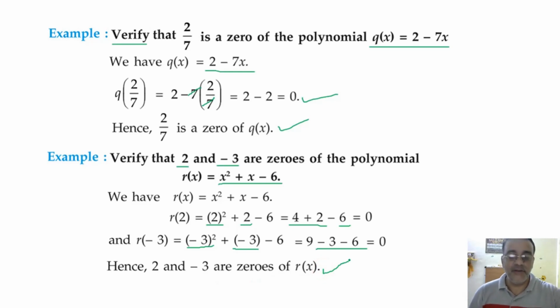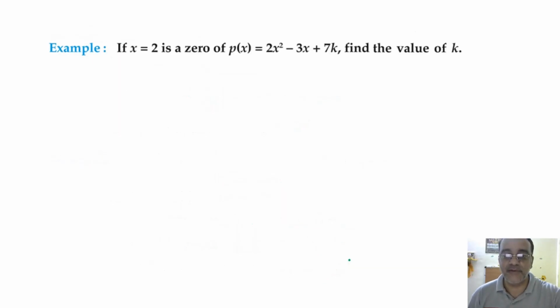Okay. Now we'll move towards the next type of question, that is the last type of question, to find the unknown. What is the unknown here? It is k. If the zero is given, so if x is equal to 2 is a zero of p of x, find the value of k. So if 2 is its zero, that means p of 2 will be equal to 0.